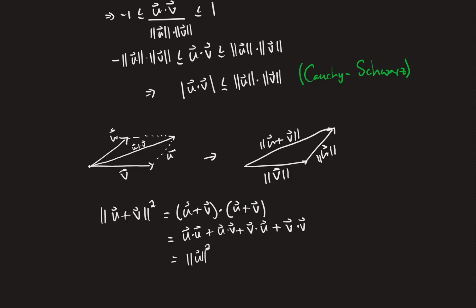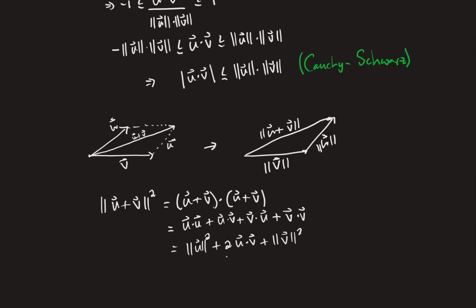So these two terms in the middle are the same. We have two of them, so I'm just going to write them as 2 times u dot v, and then over here this would be the norm of v squared. All right, so it kind of looks like your perfect square expansion, but no, it's got dot products and magnitudes and stuff in there.